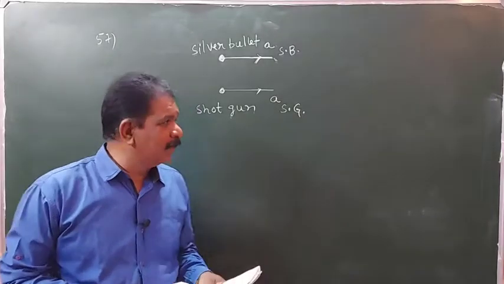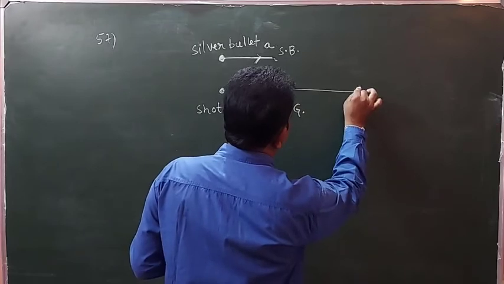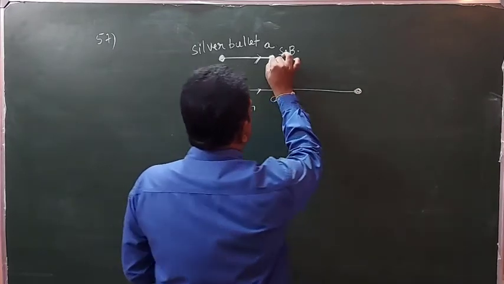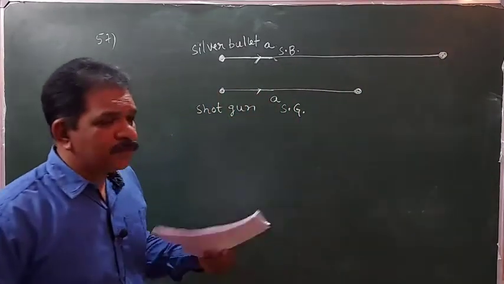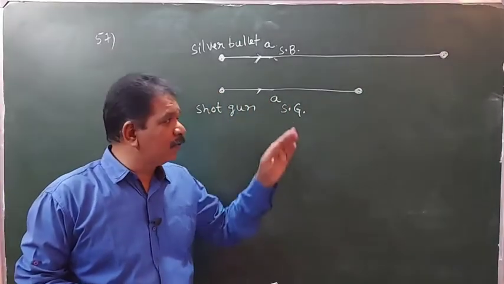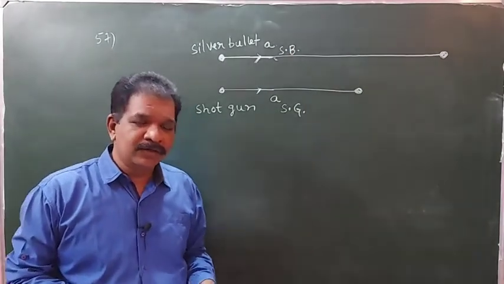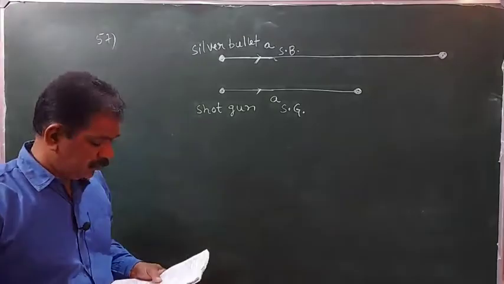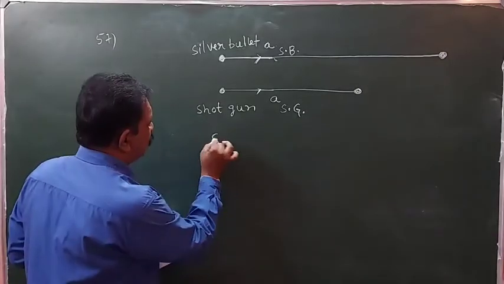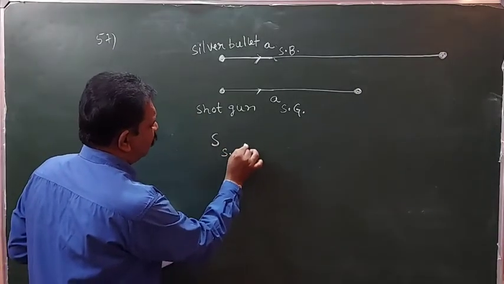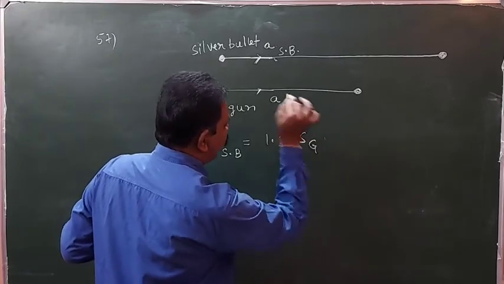Then what happened? In the same time, for example, the Shotgun came to here and the Silver Bullet came to here. It moves 1.2 times more compared to Shotgun. So the displacement of Silver Bullet is 1.2 times that of Shotgun.